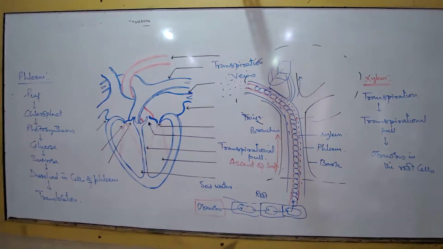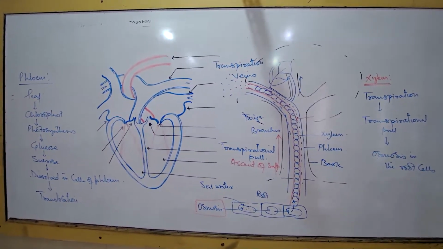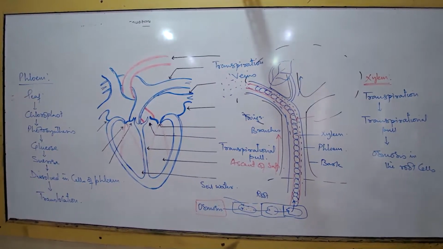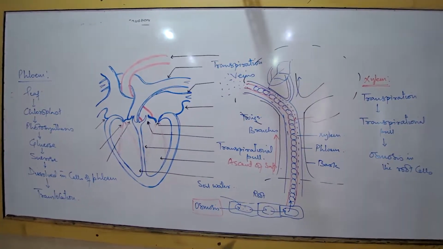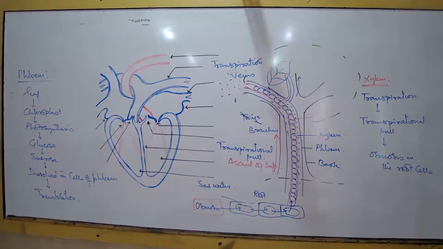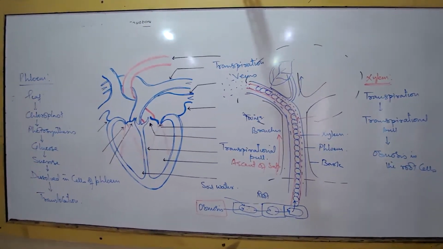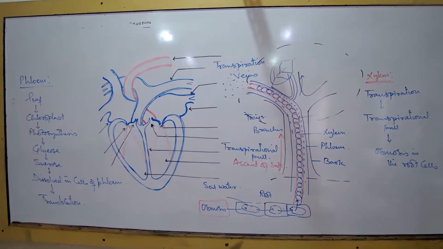Next point. The food synthesized in the leaf cells by photosynthesis is in the form of glucose. Full stop.